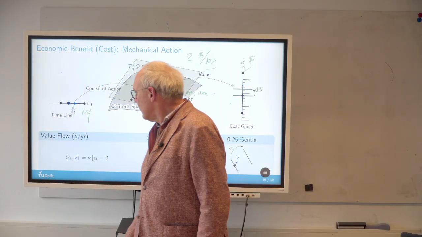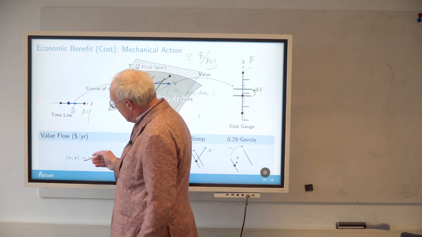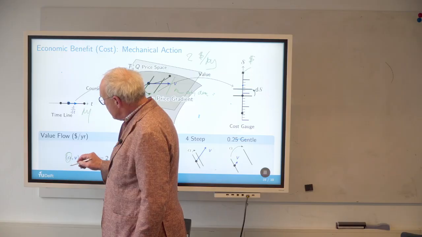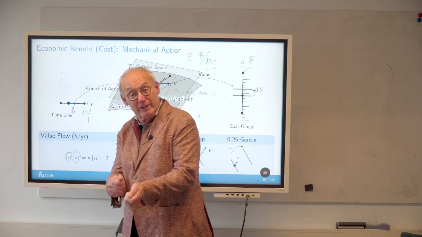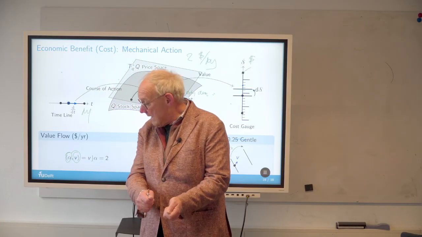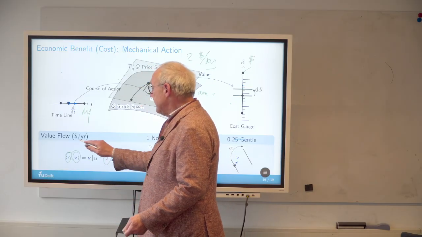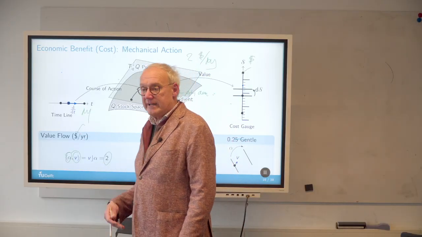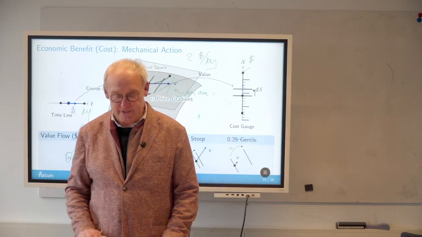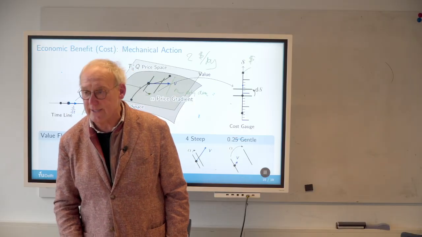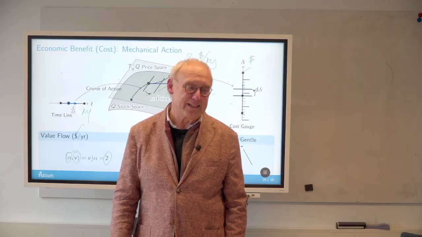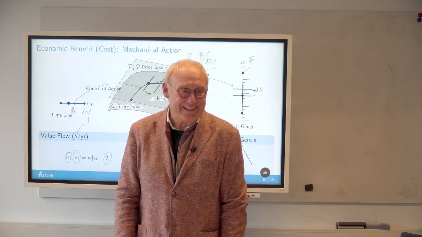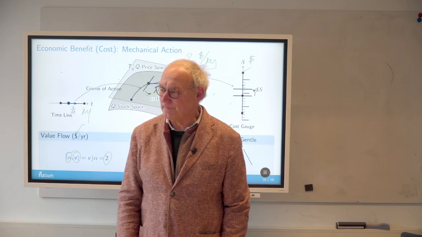The way they calculate, this is what they call the pairing. So you take a price and you pair it with your quantity demanded, and it gives you a number, 2, in dollars per year I had here. Okay, but these are not money dollars. These are valuation dollars I have here. It's just that I have the dollar sign really close on my keyboard. So for the euro I have to type something complicated.